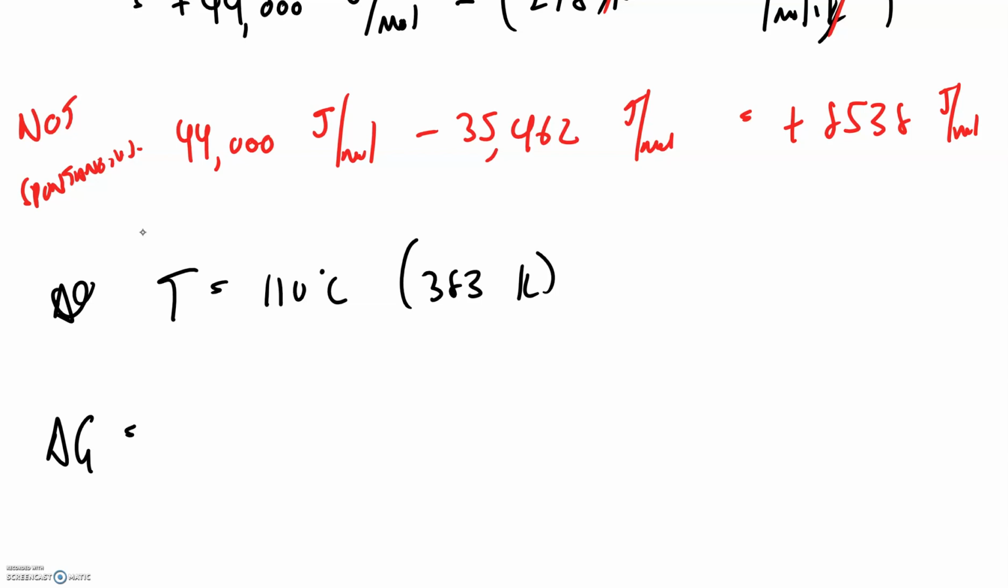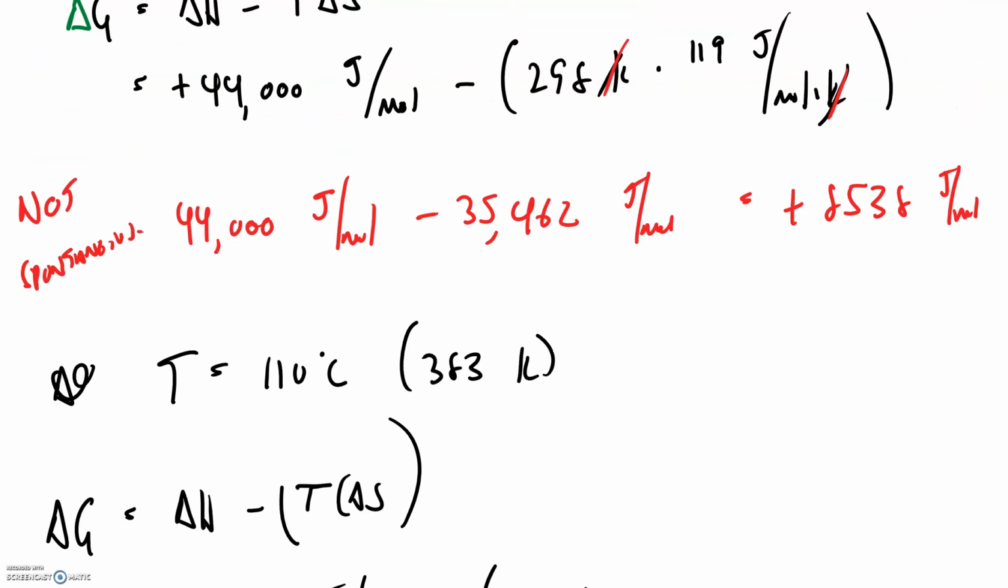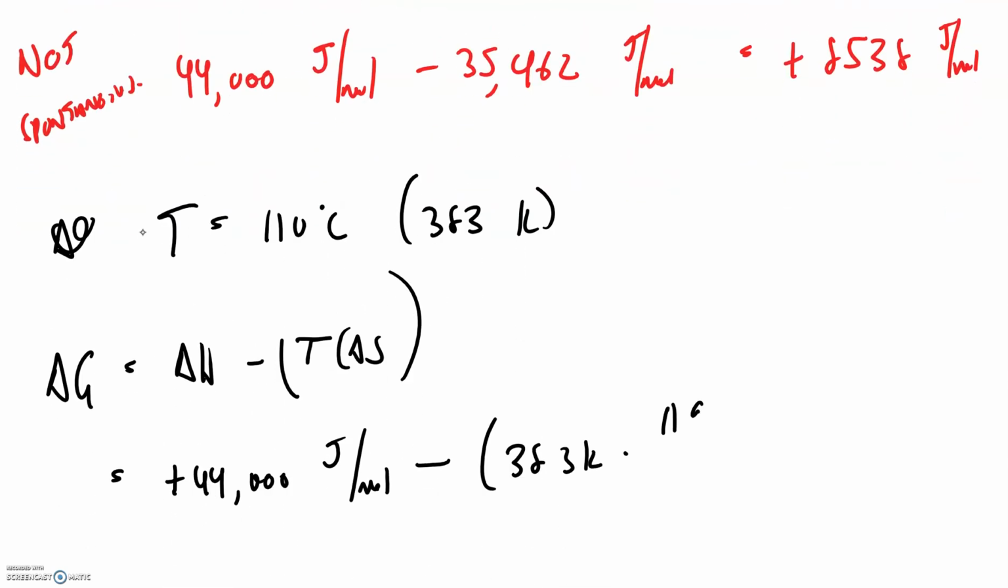So delta G equals delta H minus T delta S. We'll say our delta H is 44,000 joules per mole minus T, 383 kelvins, times our delta S, which we said was 119 joules over Kelvin moles.